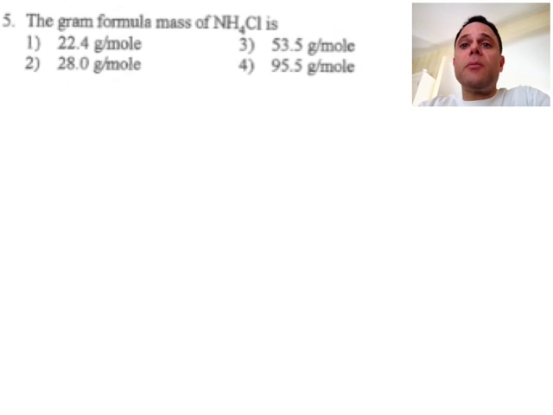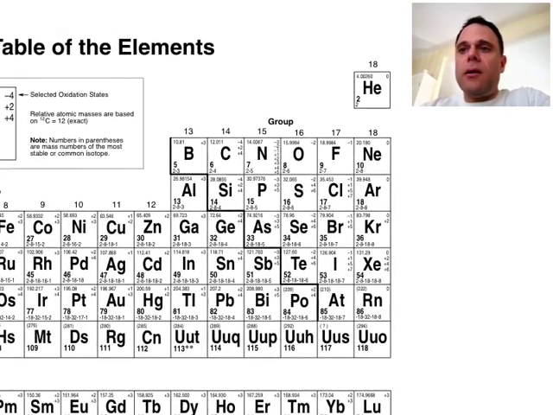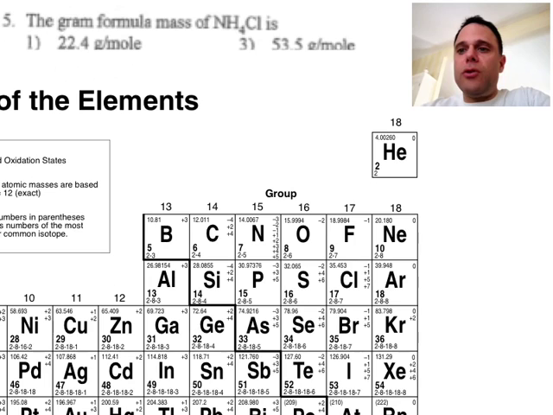This is a very similar question. It reads, the gram formula mass of NH4Cl is, now let's remember, nitrogen, hydrogen, and chlorine, and take a look at their masses. Nitrogen is here at 14. Let me point it out to you.